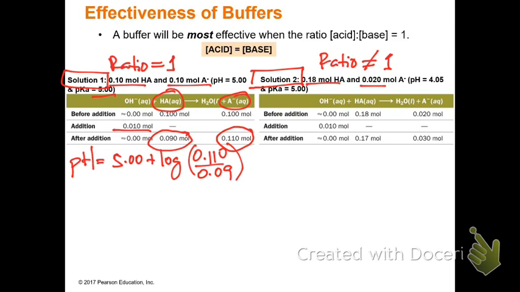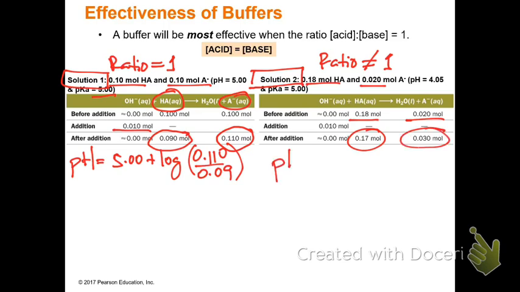And then we can do the same thing for solution number 2, right? So we're adding 0.010 mole of sodium hydroxide into the buffer solutions, and so it will react with the acid. So solution number 2 contains 0.18 of the acid and 0.020 of the conjugate base. So we're going to subtract 0.01 from 0.18, and that gives us 0.17 for the acid and 0.030 for the conjugate base.